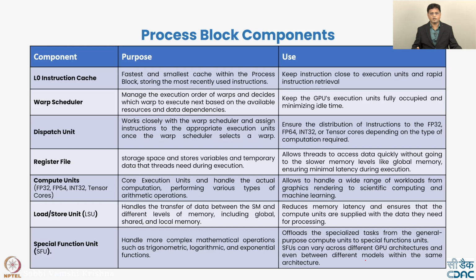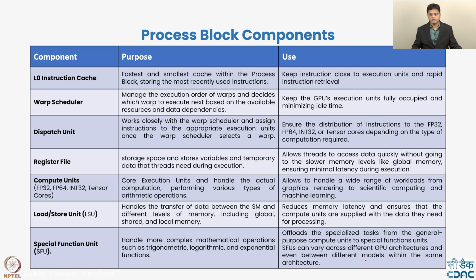Next is the computation unit. There are 3, or we will say 4, types of computation units available: FP32 computation unit, FP64, int32 and tensor cores. These core execution units handle the actual computations and perform various types of arithmetic operations.